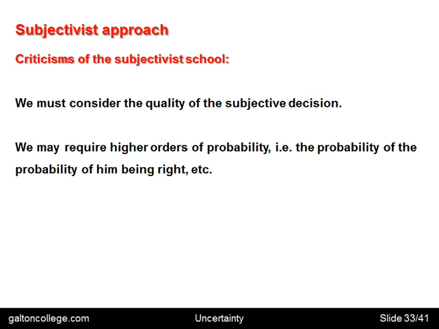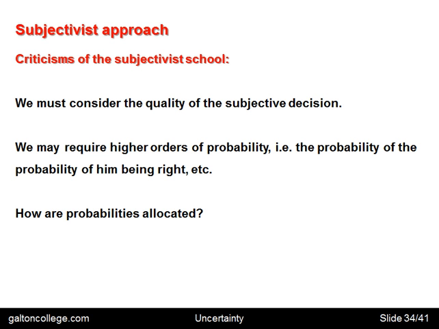Well, if I said that person is right 40% of the time, and that person saying there's a 50% chance of rain, then really there's only a 20% chance of rain, because the person is wrong a lot of the time. And besides which, it was all just a subjective probability anyway. So sometimes we have to look at higher order probabilities. What's the probability of him being right?